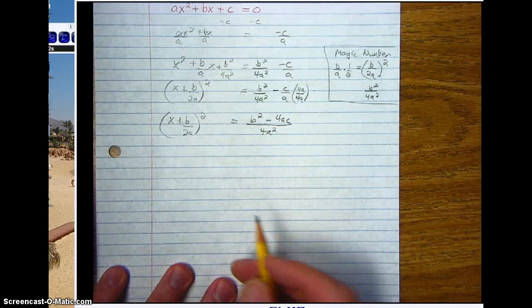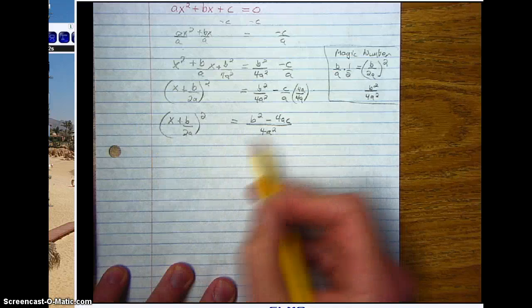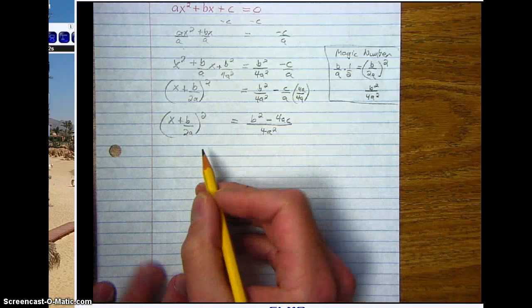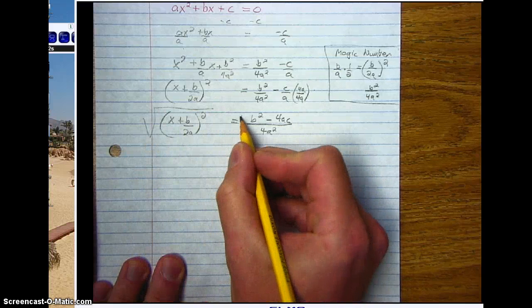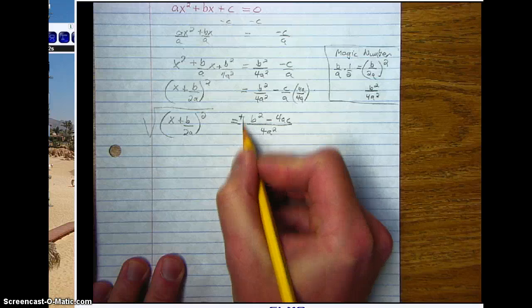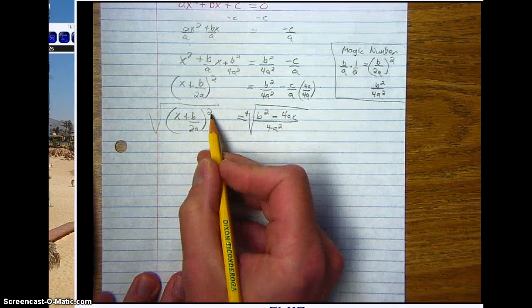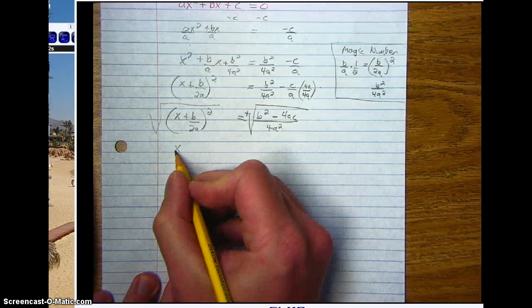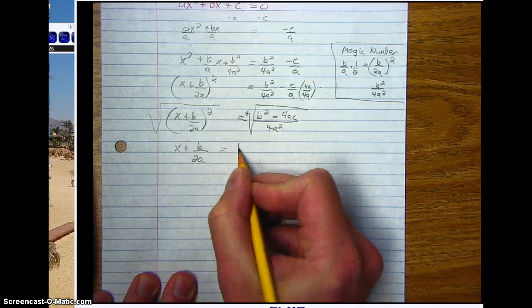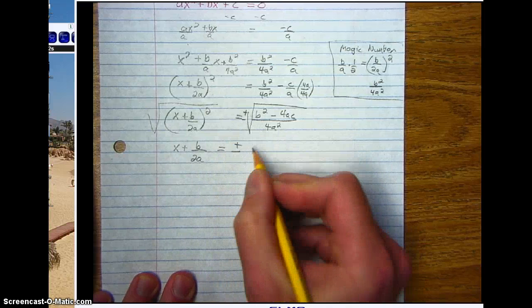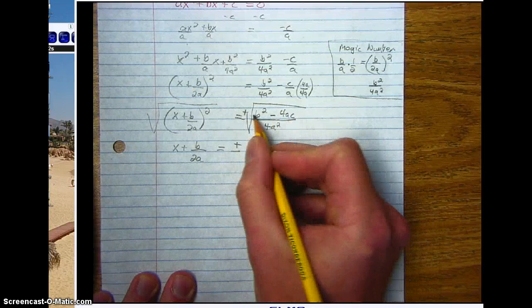Okay. Now what I'm going to do is try to get rid of this square, and the way I do that is I square root both sides of this equation. So if I square root that, I'm going to do the positive and negative square root of that side as well. When I square root this, what happens is this square disappears, so I end up with x plus b over 2a equals positive and negative, right here, square root of. Now, this numerator is a binomial.